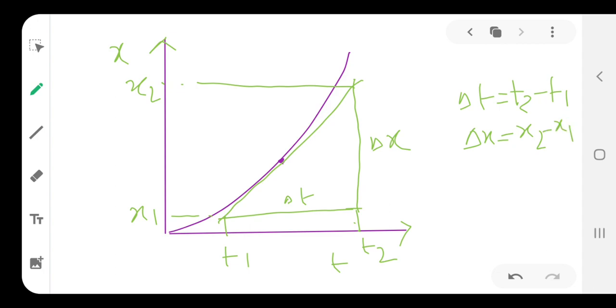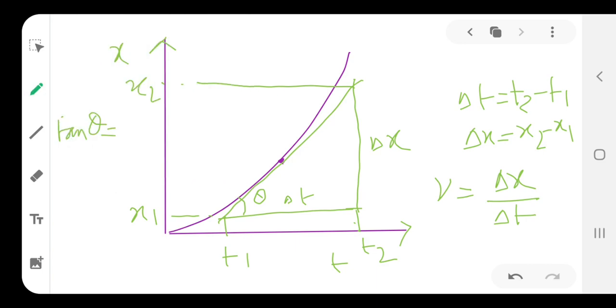Now we know that v is delta x by delta t. But one more thing is there. What is that one more thing? See, we also know that if this is the angle theta, then tan theta, it's trigonometry, is perpendicular by base.